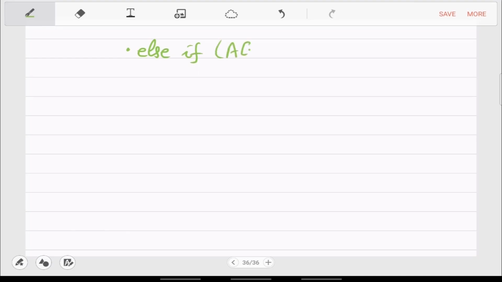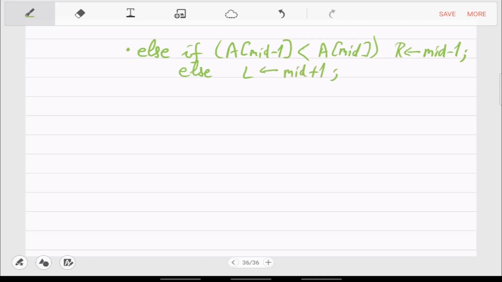If A[mid minus 1] is less than A[mid], then you should be moving to the left half, which means you should be updating the R. Else L. So you bring L forward, which means that you are looking at the right half.